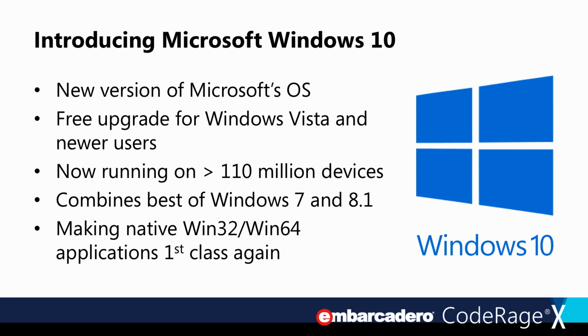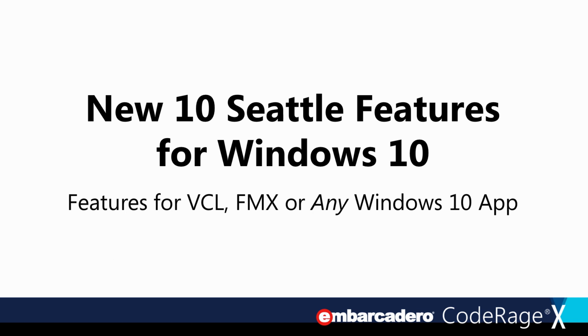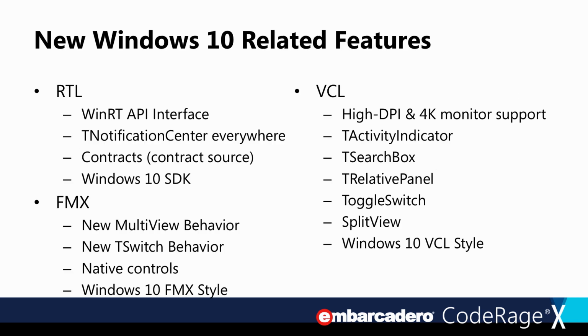Windows 10 combines the best of Windows 7 and 8.1, so it gives you a great desktop-first interface with great mouse interfaces, etc. And then when you move to a touch interface, it works great there as well. It's also making native Win32 and Win64 applications first-class citizens again, which we'll talk more about in a little bit. So first, some of the new 10 Seattle features for Windows 10.